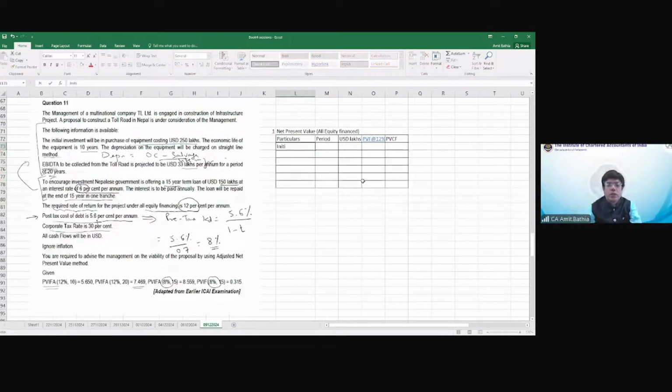So first and foremost, I have initial investment. Initial investment is happening at the beginning of the first year itself, so period 0. How much is that? 250 lakhs.